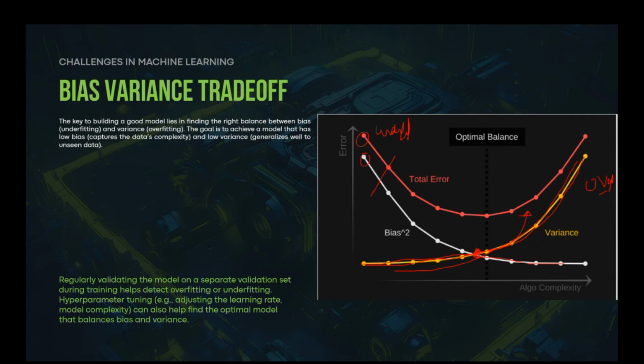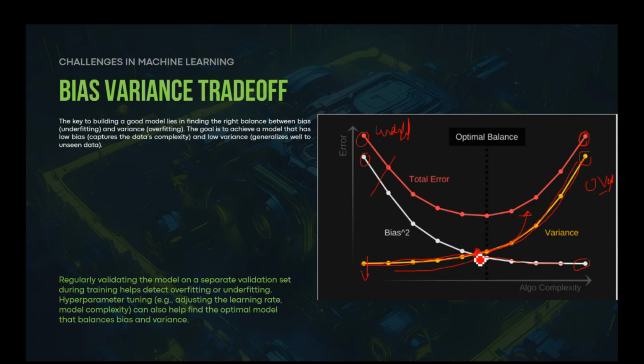Overfitting is where your training error is low, but your test error is high. This is your test error, sorry, and this is your variance. Variance is the difference between these two, so it should be as optimal as possible, not minimum. Minimum would mean you are in the underfitting scenario. So it should be as optimal as possible, where the total error is least.